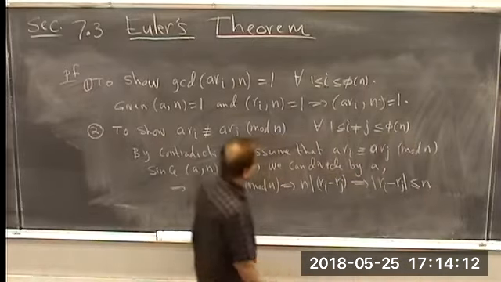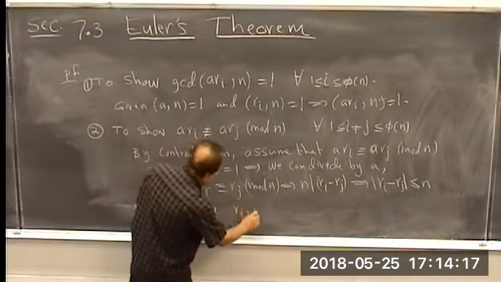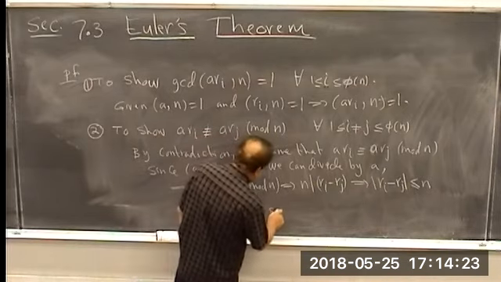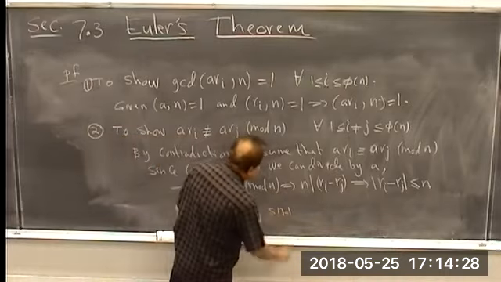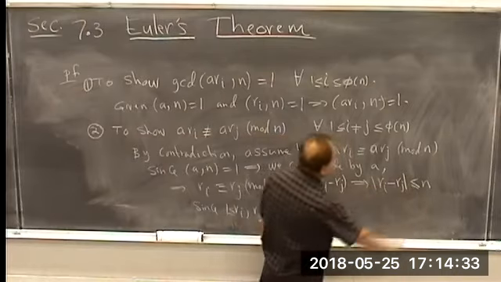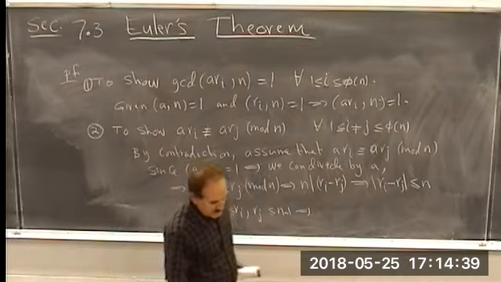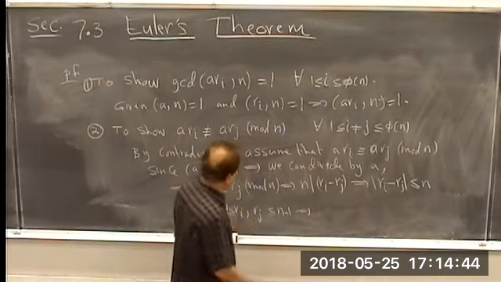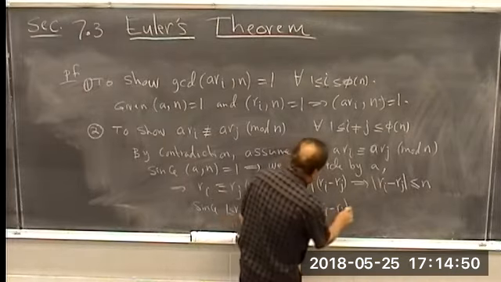But we know that since Ri and Rj are between 1 and n, actually n minus 1, so probably even n minus 1, then the only way is this: Ri minus Rj absolute value is less than or equal to n minus 1, and this implies that the absolute value of Ri minus Rj must equal 0.